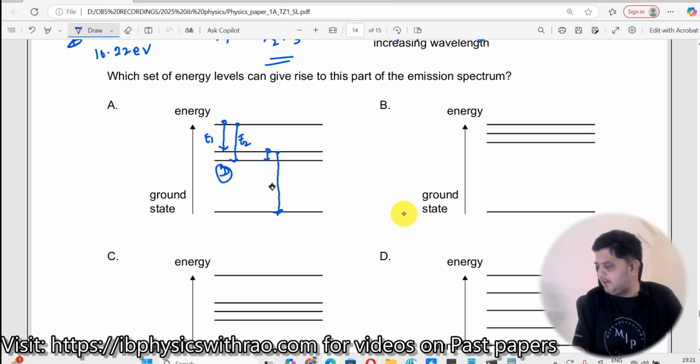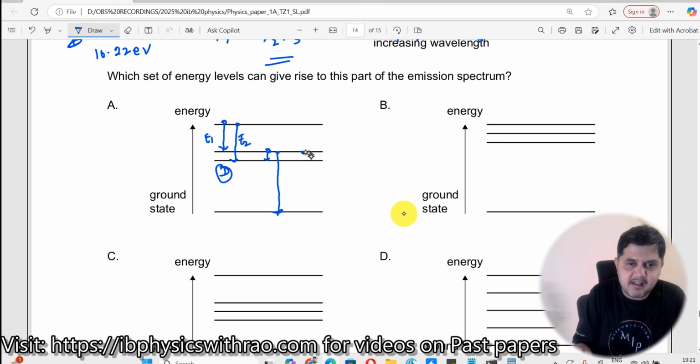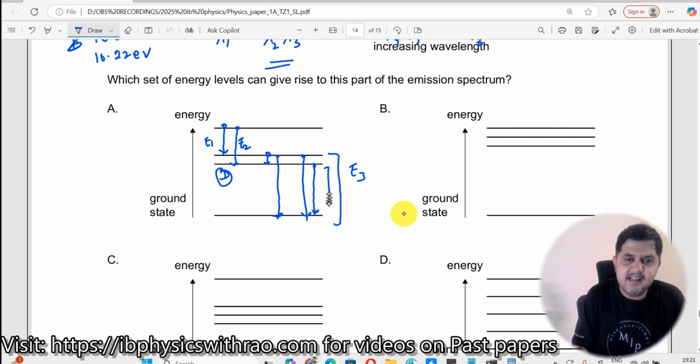And do we get any other doublet? Let us take one more electron here. It jumps from here to here. It jumps from here to here. Now we will have this energy as E3, and this energy as E4. Now will E3 and E4 be close enough to each other? Yes, definitely. Because let us say, for example, this energy could be around 10.4 electron volt, this energy around 10.35 electron volt, and this around 13.6 electron volt.